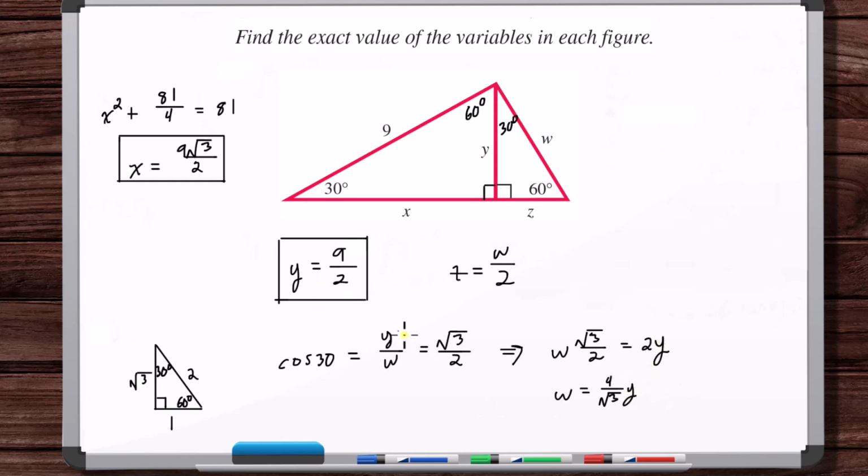But we know that y is 9 halves, so times root 3 over root 3. So 18 root 3 over 3. So 6 root 3. That's w.